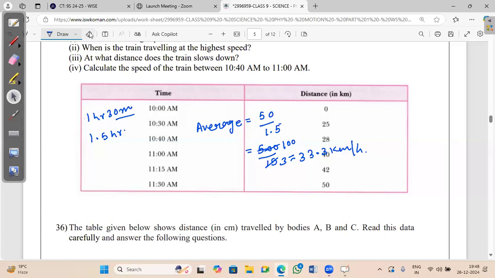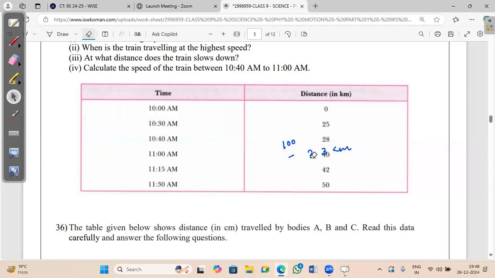See, to find out when the train is traveling at its highest speed, we have been given a number of time intervals. Now we will be finding out the speed in every time interval.